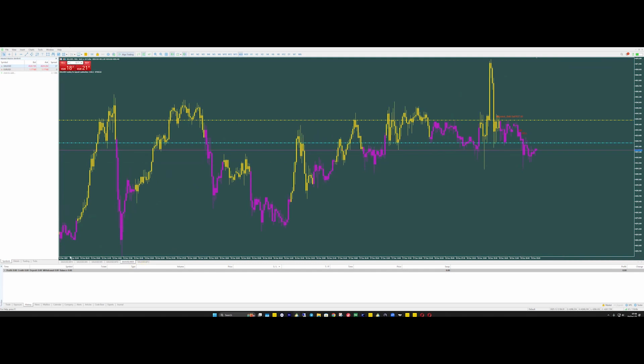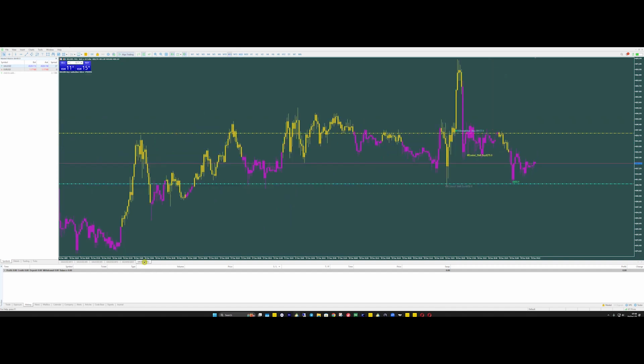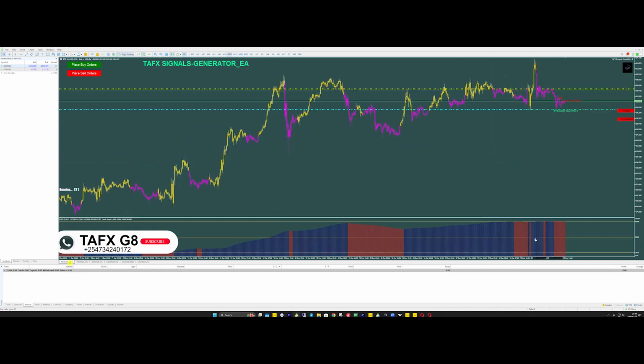Having set it up like this, you don't need to do anything else. Your work now is to click to confirm. Let me go back to our first template. It is the reason it's called the signal generating EA. On this one we have attached our EA.